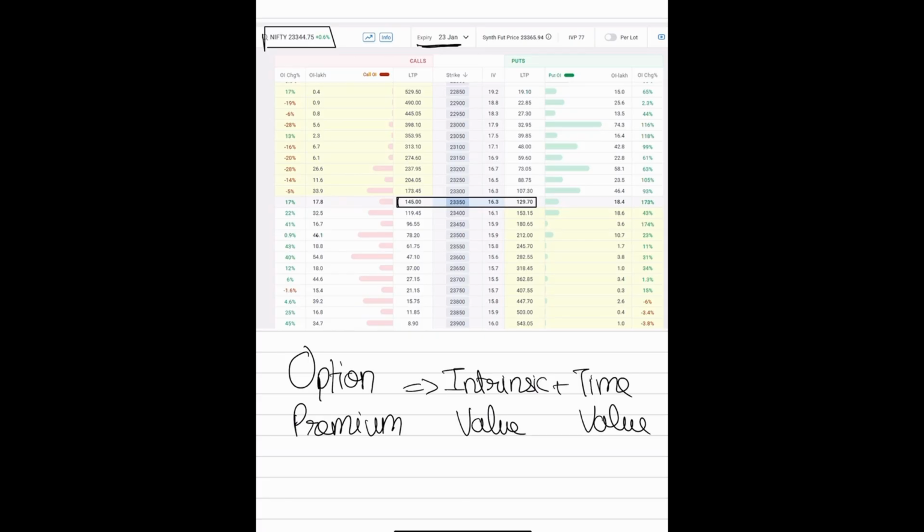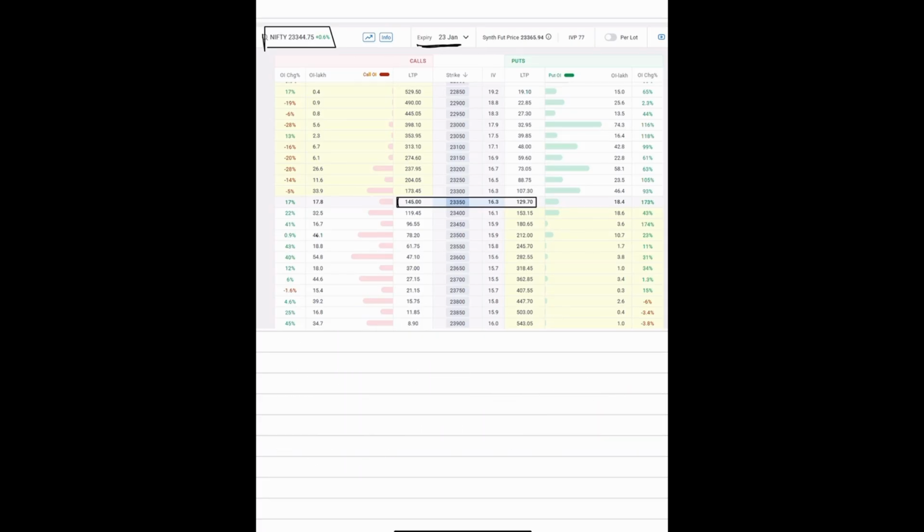So to calculate the option intrinsic value of the call side, we have a formula: call IV is equal to CMP minus strike.